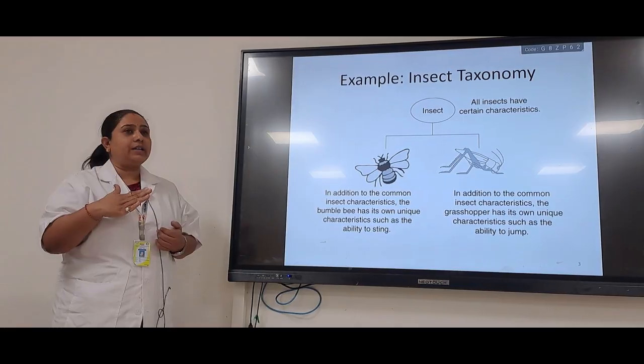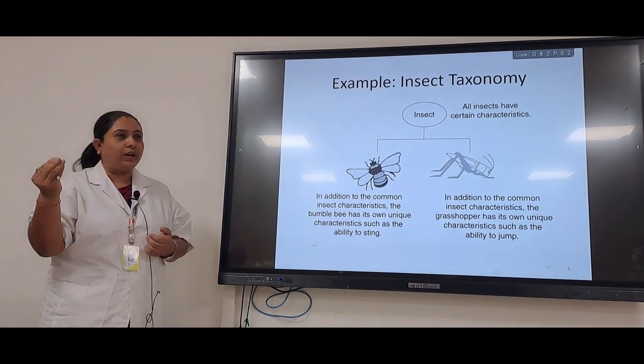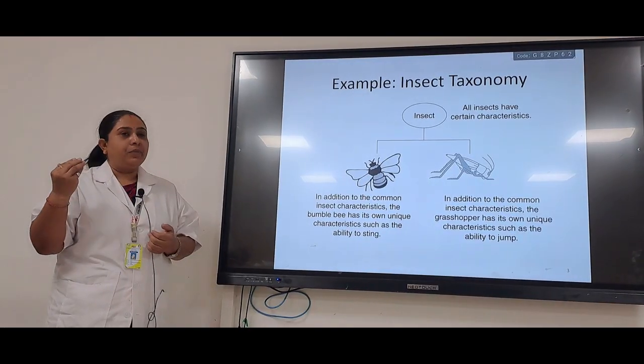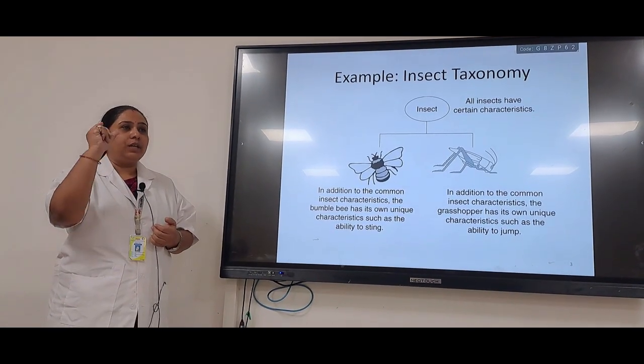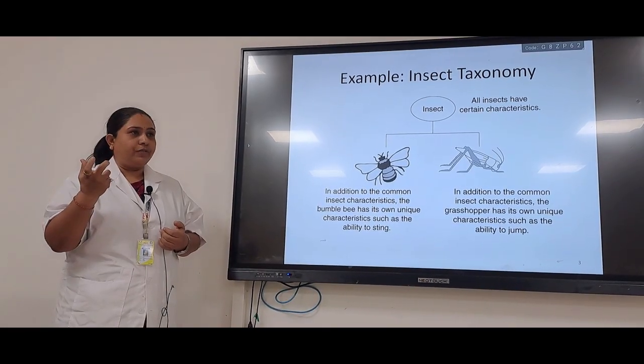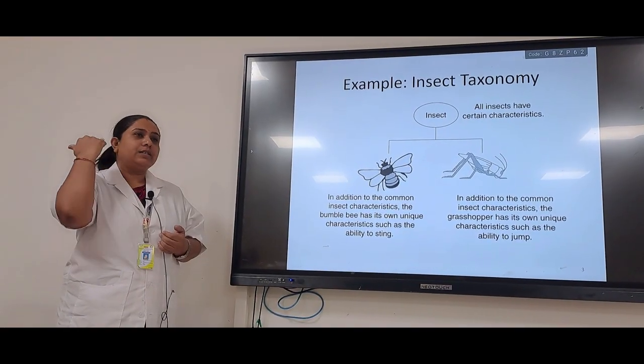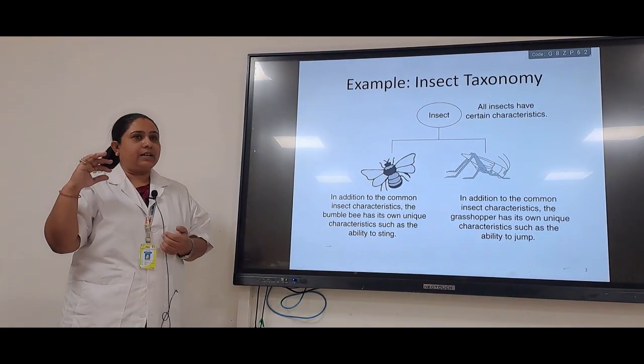One of the special characteristics of the bumblebee is that it makes a singing sound whenever it is moving. You must have seen a bumblebee: it is black in color and makes a singing kind of sound. So the bumblebee has its own characteristics and some characteristics from the base class insect.